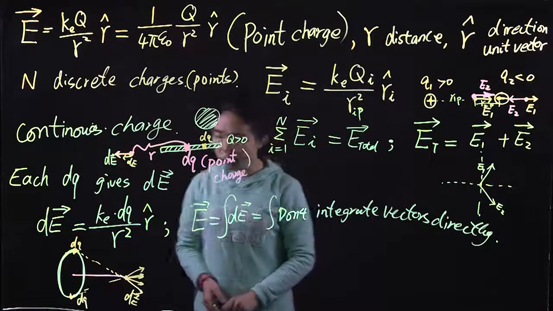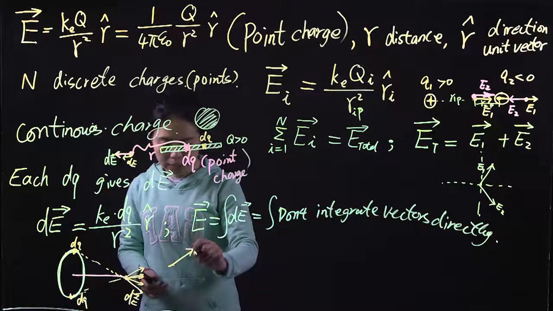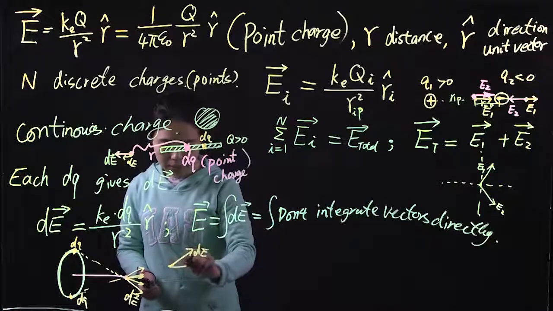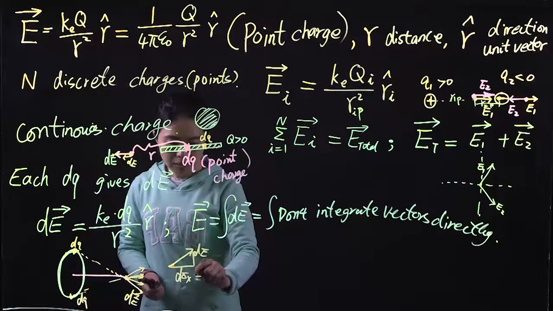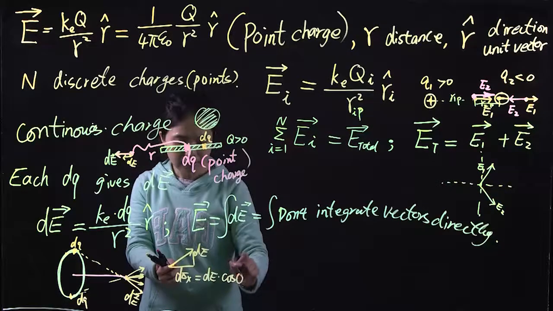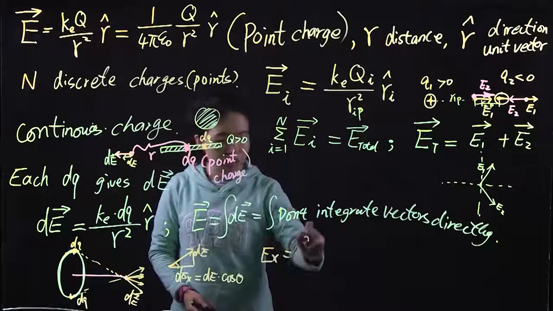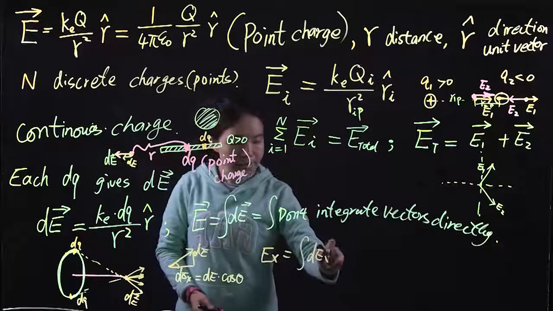So what can you do? When you have a small dE, you can consider its x component, dEx, equal to dE multiplied by the cosine of this angle. Then you can figure out your Ex equal to the integration of dEx.